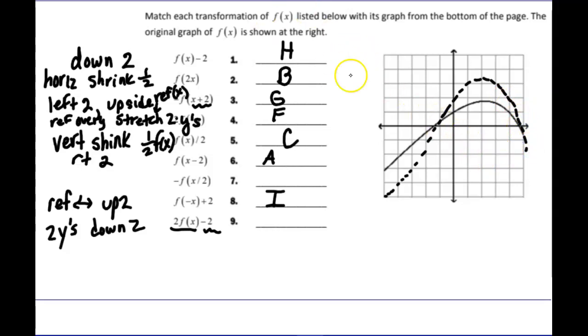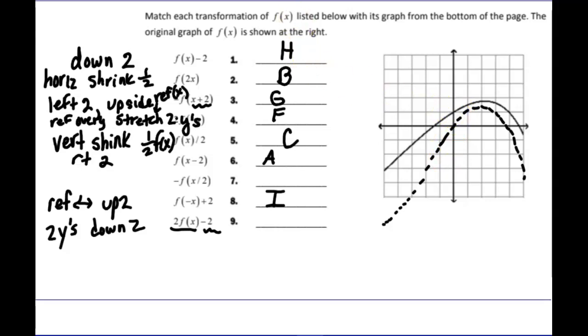But then we're supposed to shift it down, I don't know, does that look like anything? B or D?